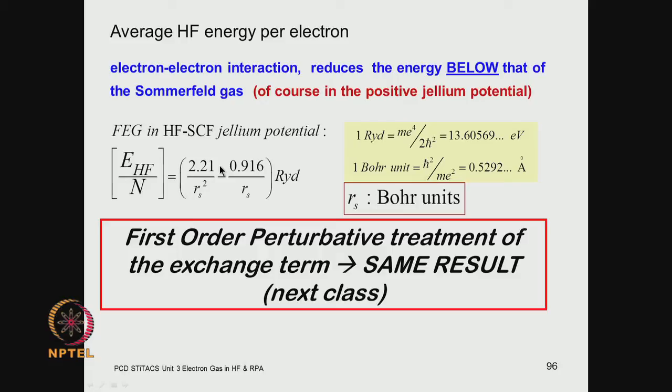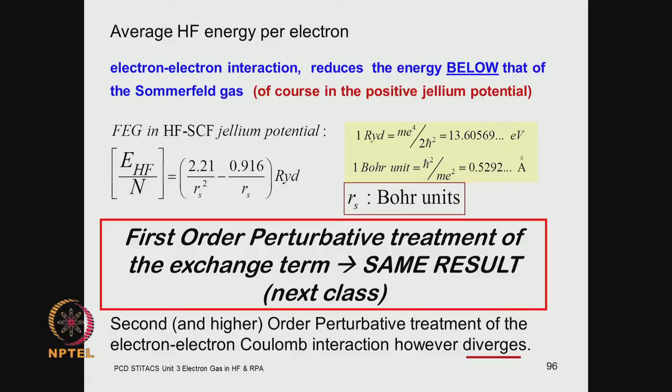Now, it turns out that if we did this using perturbative methods, we actually get the same result, and I am going to show it in the next class. In the meantime, I just want to anticipate this result and inform you that the first order perturbative treatment will actually give the same result.